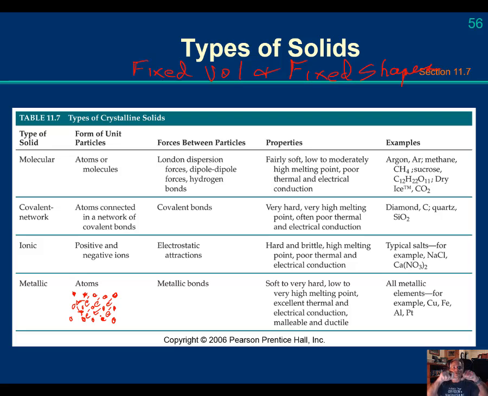Also, you can typically bend metals, you can beat them into different shapes. So all metallic elements would exhibit this metallic bonding: copper, iron, aluminum, platinum, nickel, cobalt, all these metals. We call this the sea of electron model, and we talked a little bit about this in Chem 1.